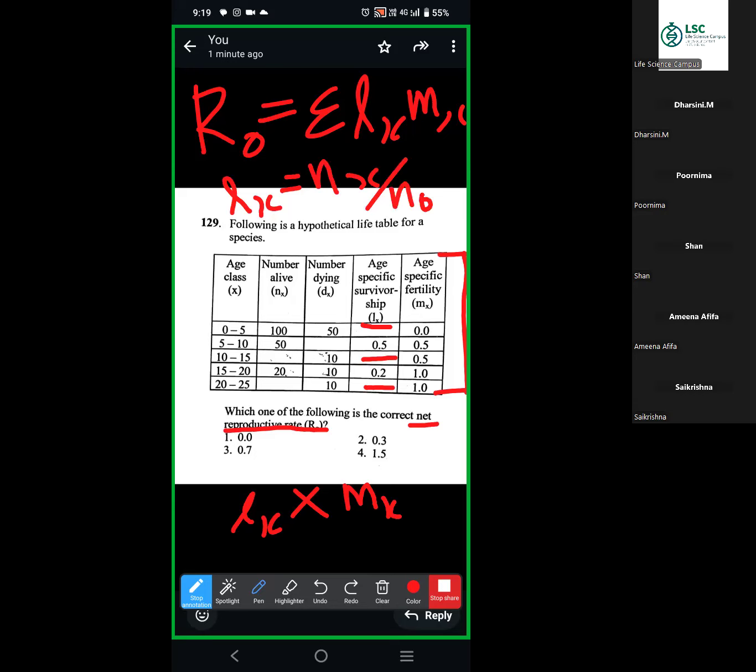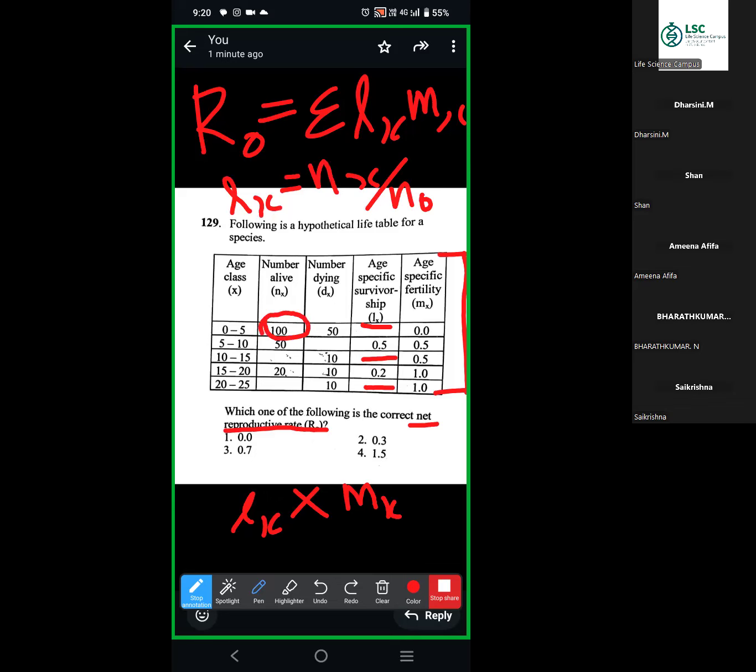In this case, n0 value is the number of individuals present at the start of the age class. So what will be the value of n0? 100. 100 will be the value of n0. So n0 will always be 100.